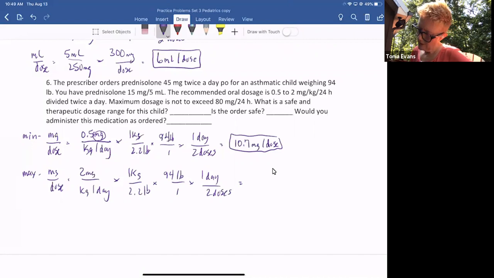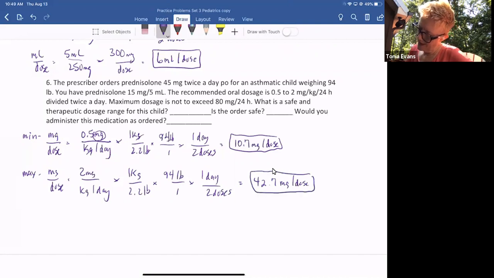We have 2 times 94 divided by 2.2 divided by 2 equals 42.7 milligrams per dose.